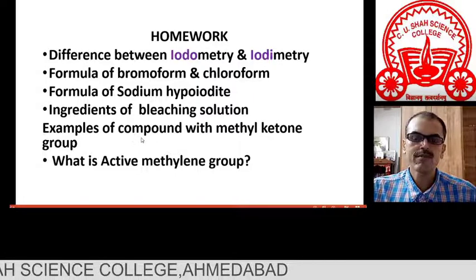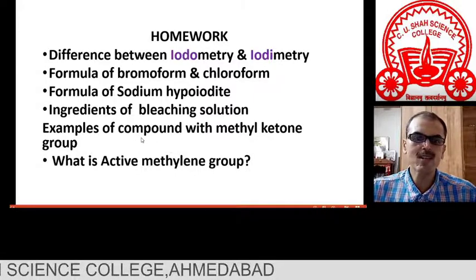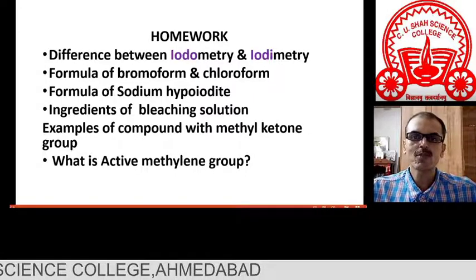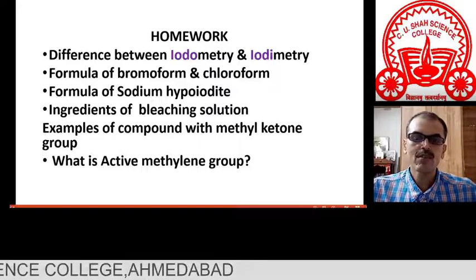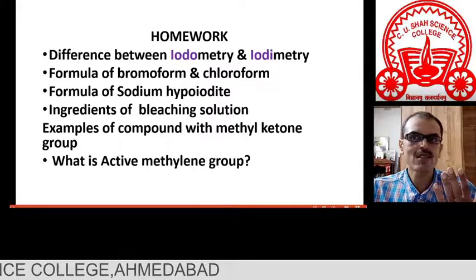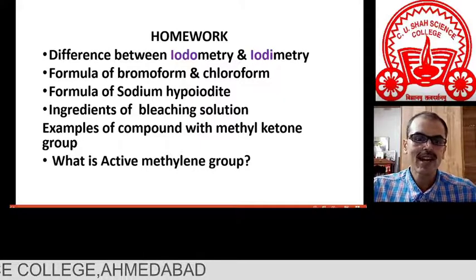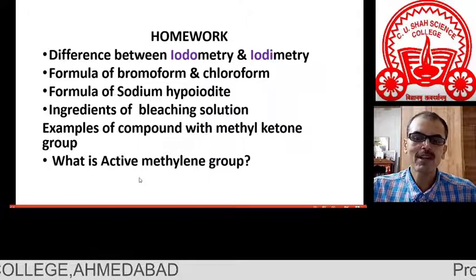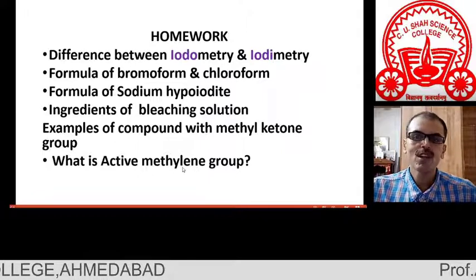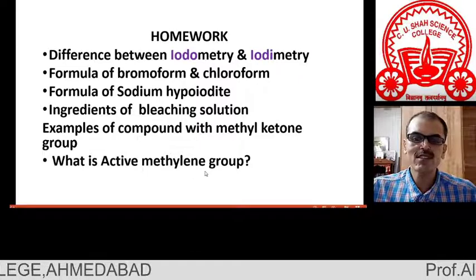We discussed the methyl ketone group in this experiment, and the example taken was acetone. So think about two more examples of the methyl ketone group, and simultaneously, though not a part of this practical, what is called the active methylene group. So try to get the answers to these questions.